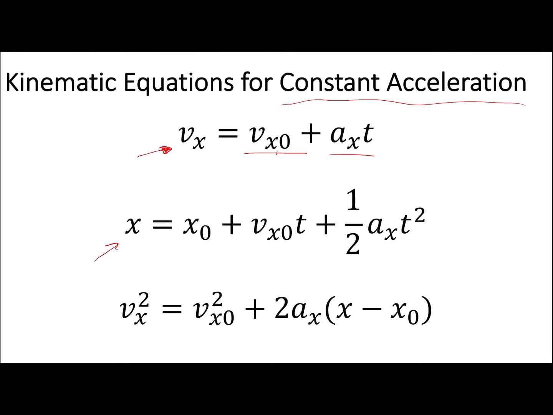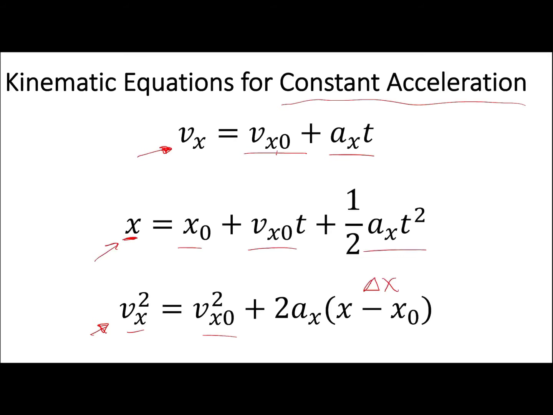This equation will tell me the exact position of an object, given I know where it started, the initial velocity that it had, and the acceleration that the object had. This equation will give me the final velocity squared, and it's equal to the initial velocity squared plus 2a times x minus x naught. We often call this delta x, and I will abbreviate it as such.